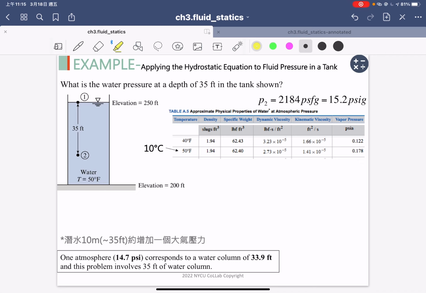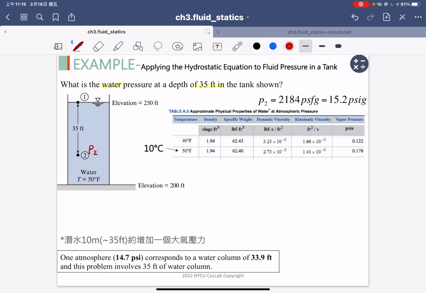You just put water in the tank, and the height is 35 ft. And the question is, what is the pressure at P2?